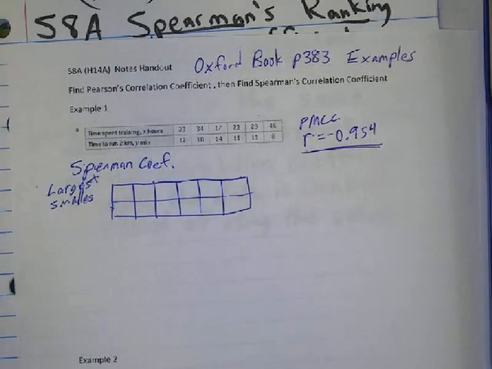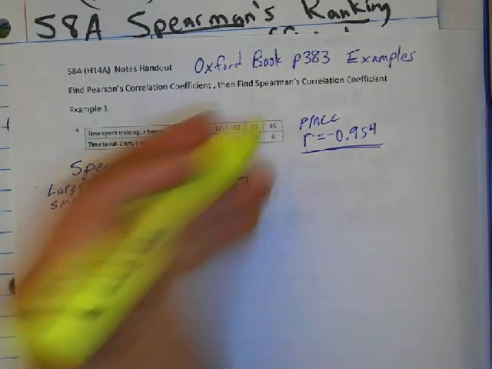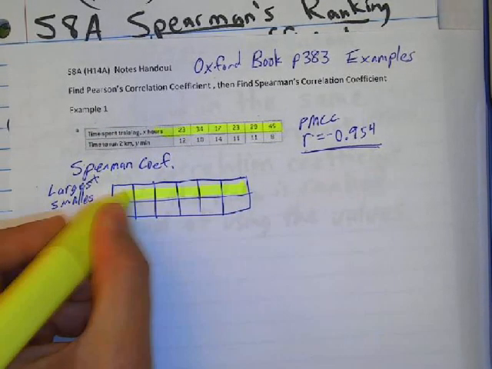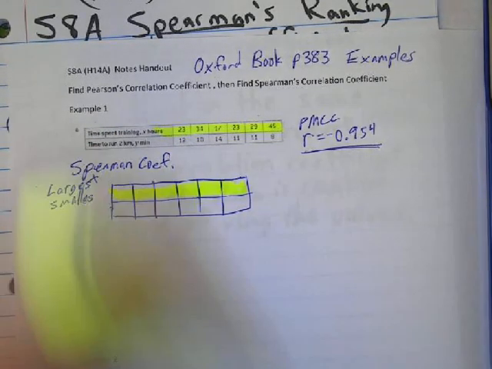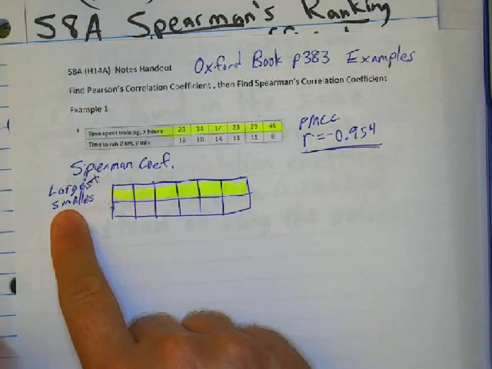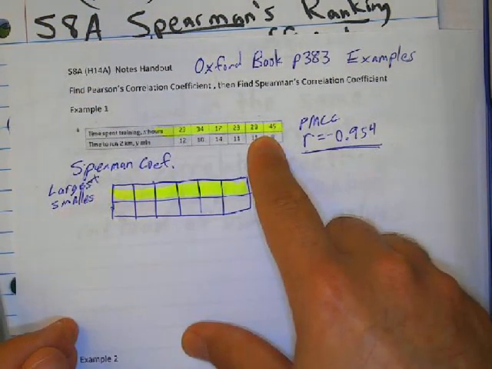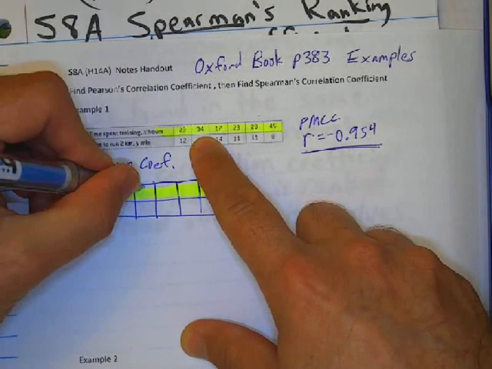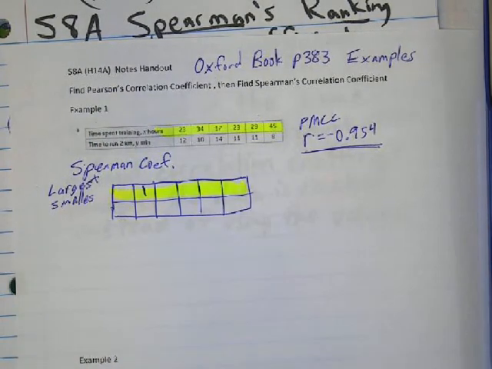I'm going to look at each of these data values and change it. If I'm going from largest to smallest, which of these yellow values is the largest? And it's 34. I'm going to call that 1. What's the next largest one?